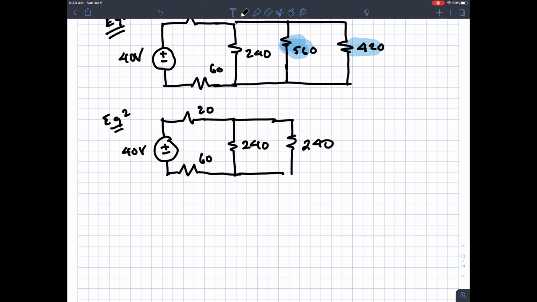Then I think you may be able to see what to do next. I notice again a couple of parallel resistors, and so I can come up with a third equivalent circuit.